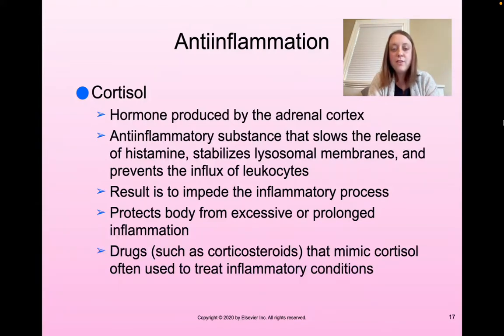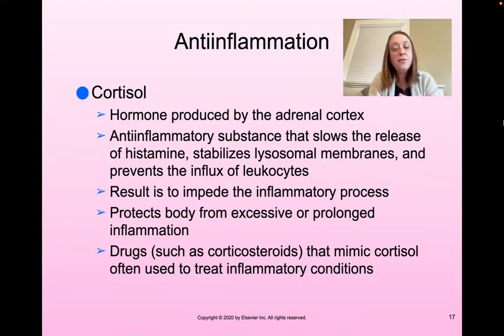It slows the release of histamine, it stabilizes lysosomal membranes, and it prevents the influx of more leukocytes. So it impedes the inflammatory process. The body got it started, and then it releases cortisol after it decides that there's been enough inflammation, to help slow it down again. So it protects the body from excessive or prolonged inflammation.